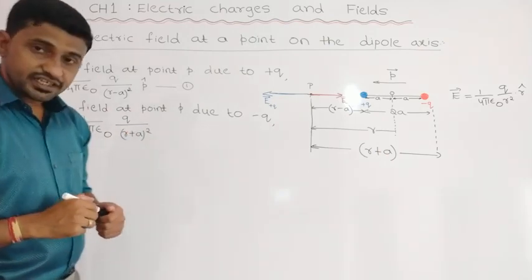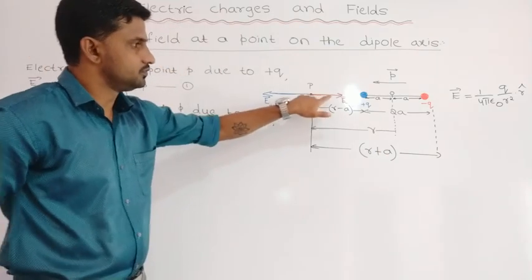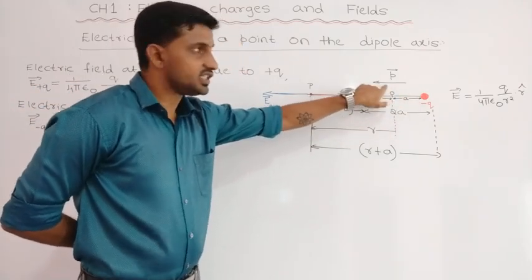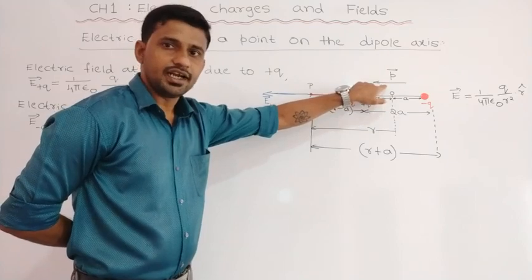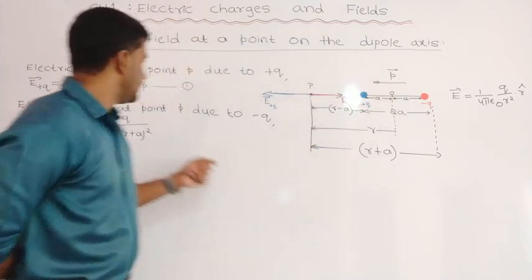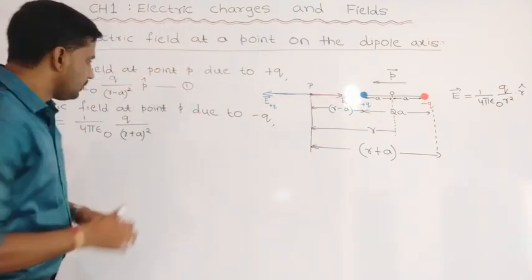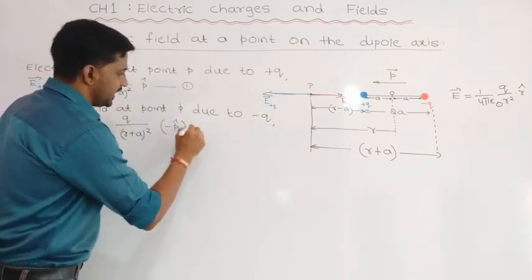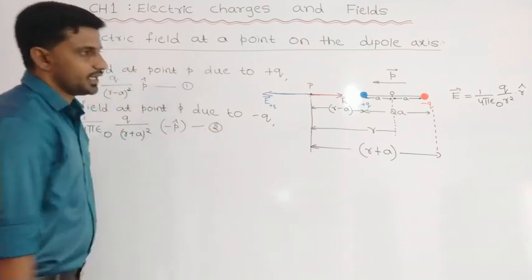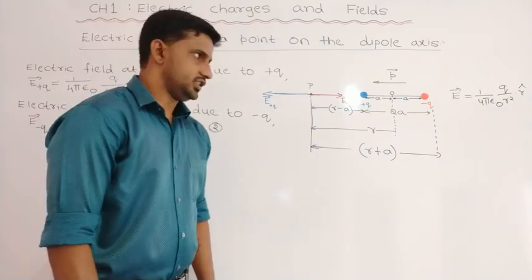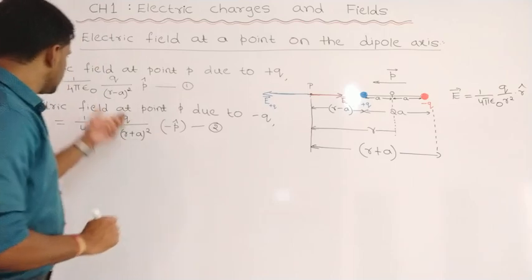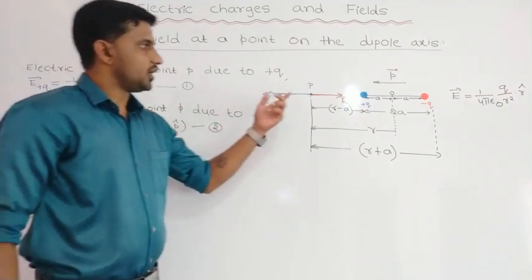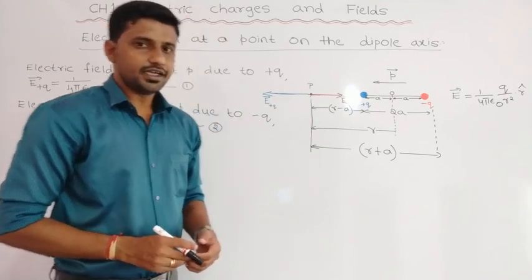And if you observe the direction of the electric field due to the negative charge, it is opposite in direction to the electric dipole moment. So I am taking the unit vector as minus P cap, because the direction of the electric field and the electric dipole moment are opposite to each other. Okay, so these are the two expressions which represent the electric field at point P due to the positive and negative charges.